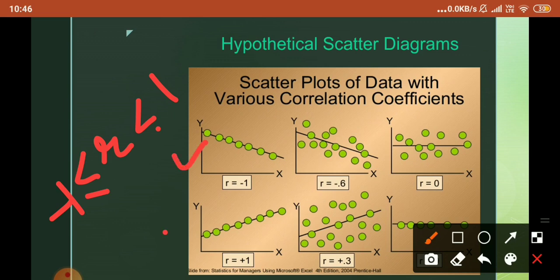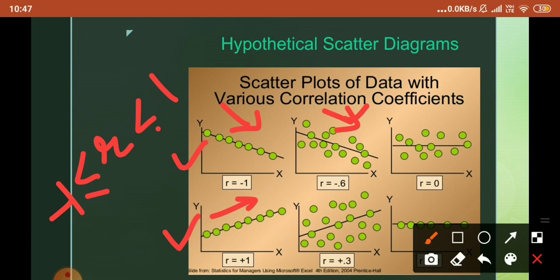Like in these two cases, all the points are lying on a line. This line is going downward, so this is the case of negative perfect correlation, meaning r is -1. And here the points are going upward and lying on the same line, meaning r is 1. In the other picture the points are going down, which means negative correlation, and the points are close to each other, so it is a strong negative.